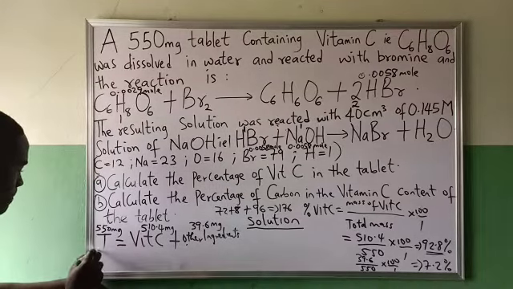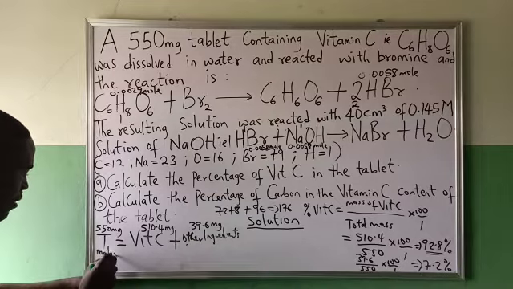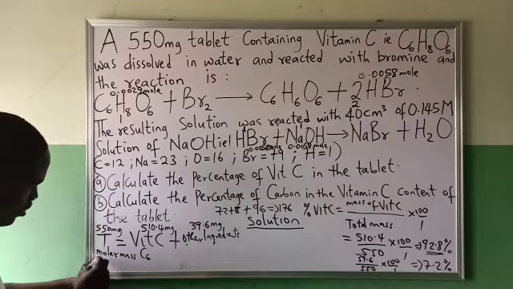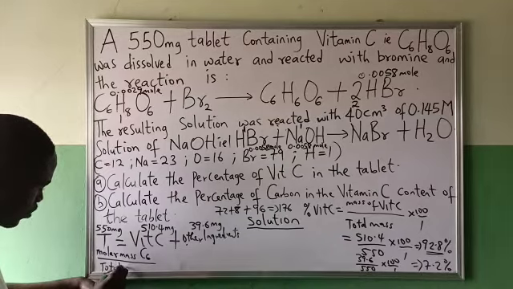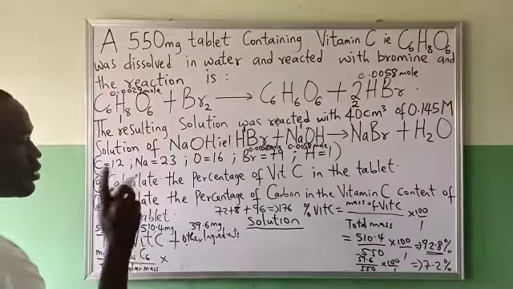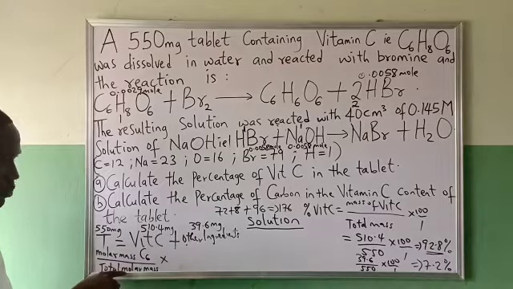The formula is molar mass of the carbon 6 all over total molar mass, times the quantity of vitamin C.